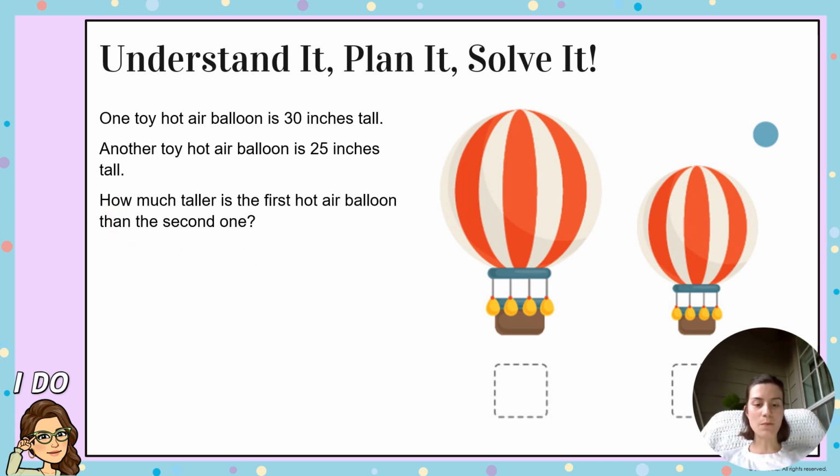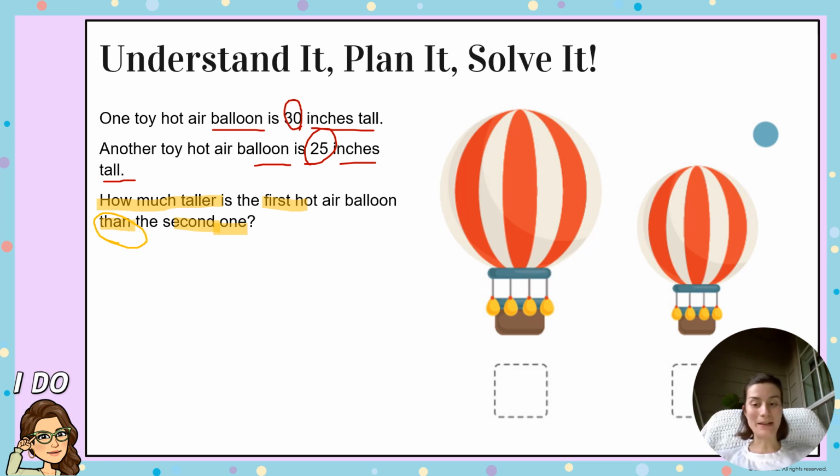Let's underline what we've been given. One toy hot air balloon is 30 inches tall. Another toy hot air balloon is 25 inches tall. My question is, how much taller is the first one than the second one? And I'm also going to circle the word than.